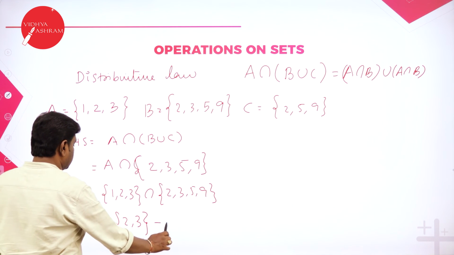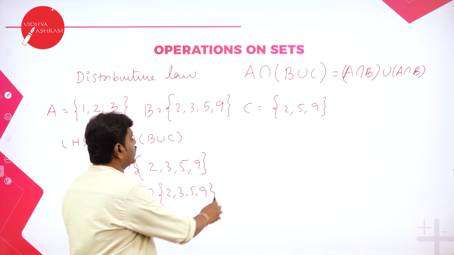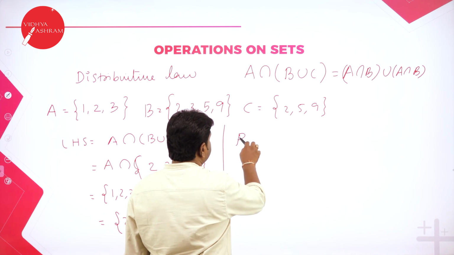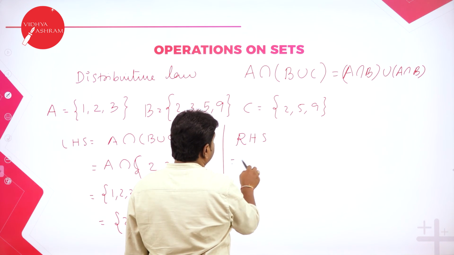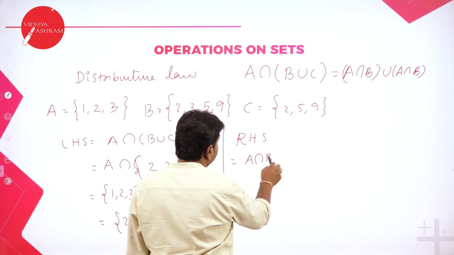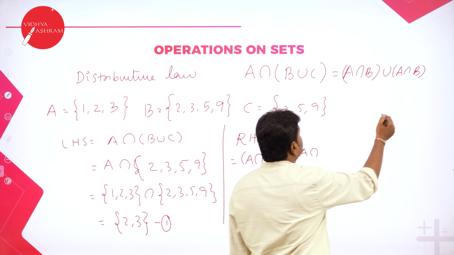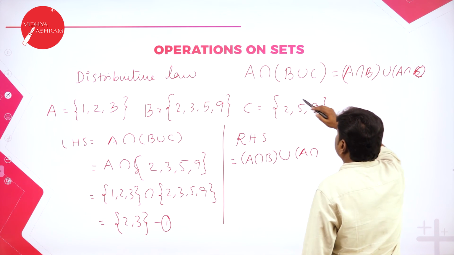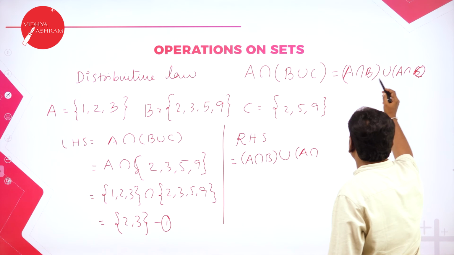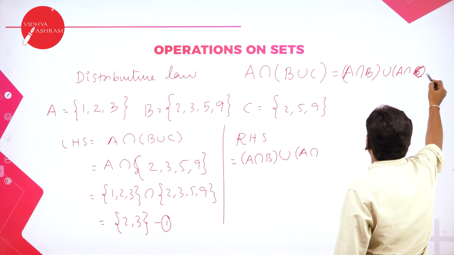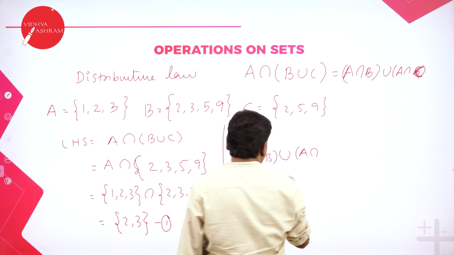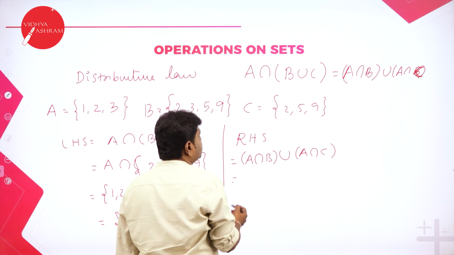Now you got LHS. Call it equation 1. Now find RHS. RHS is A intersection B union A intersection C. What is A intersection B?